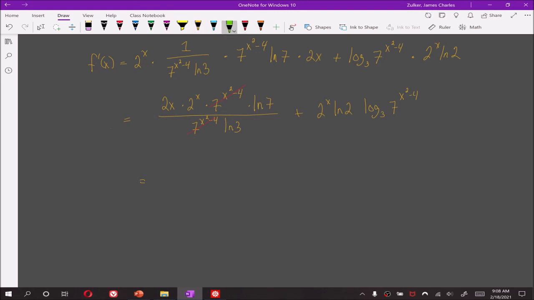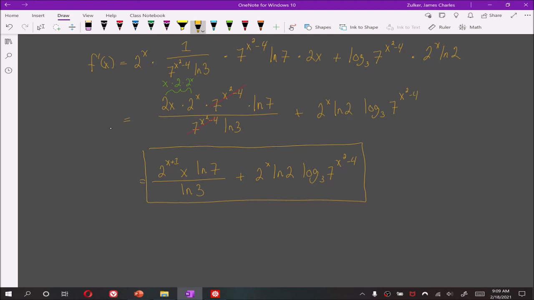If we write this as x times 2 to the x, we can use properties of exponents to write this as 2 to the x plus 1, x natural log of 7 all over the natural log of 3, then plus 2 to the x natural log of 2 times log base 3 of 7 to the x squared minus 4. And let's just leave it like that.